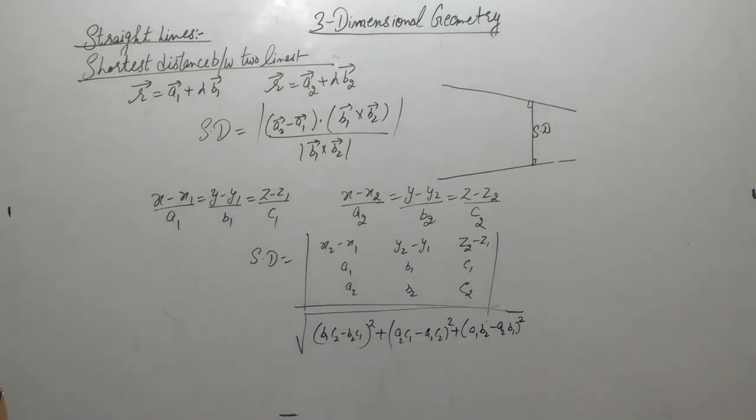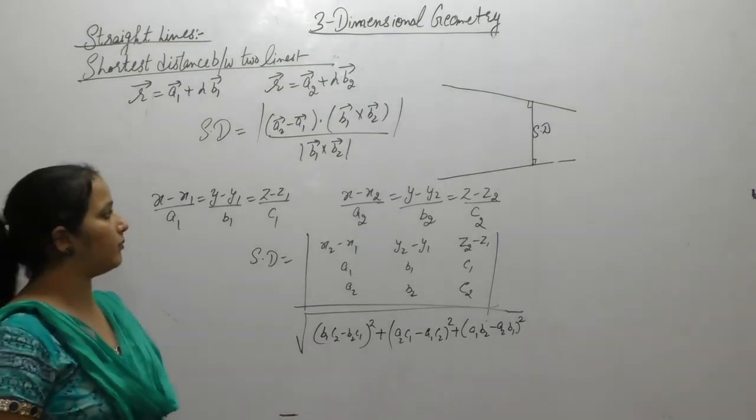So this is the shortest distance between two lines when they are given in Cartesian form.